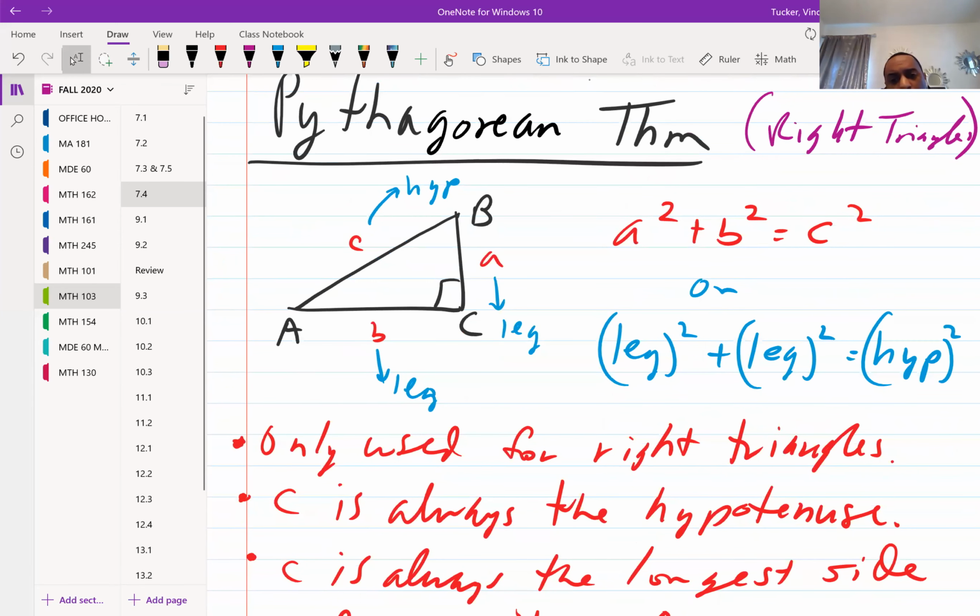So, like I mentioned, it's only used for right triangles. C is always the hypotenuse.